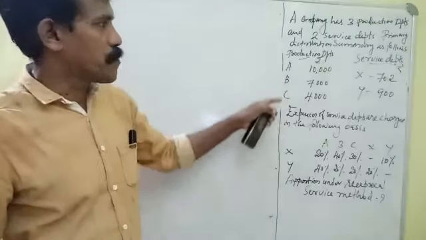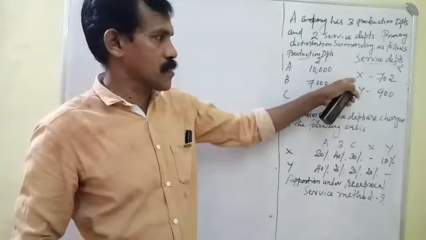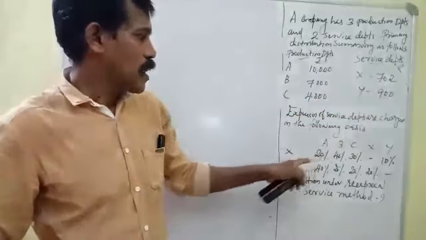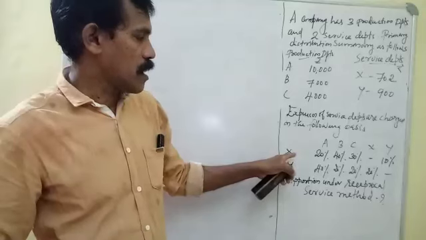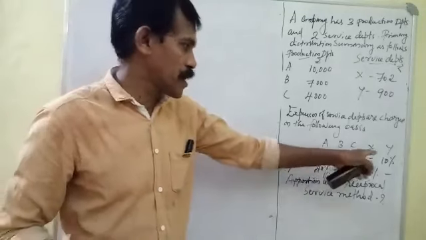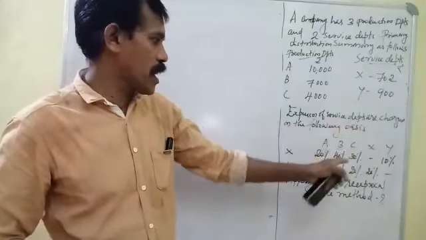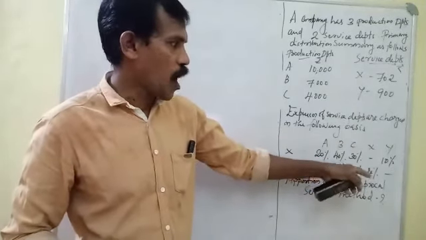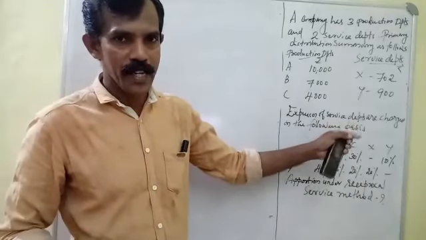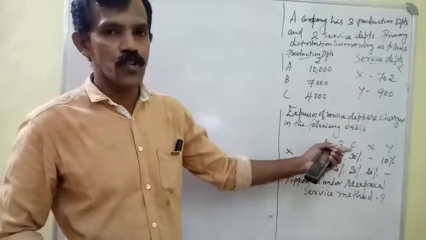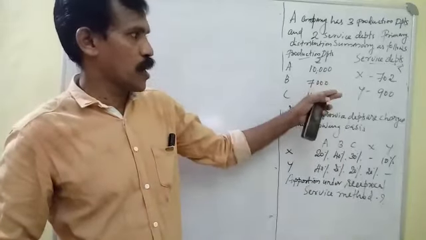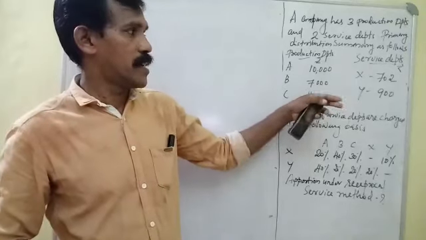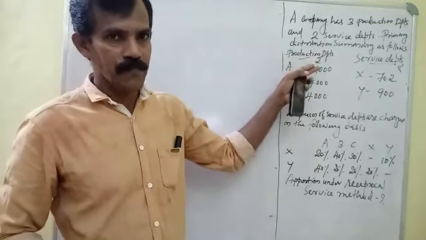We know the primary distribution summary shows X's overhead total 702, then Y is 900, but we know in case of X it allowed 10% of its overhead to Y, and in case of Y it allowed 20% of its overhead to X. So we have to adjust that percentage also to get the actual overhead of X and Y. That was the thing we did in our simultaneous equation method.